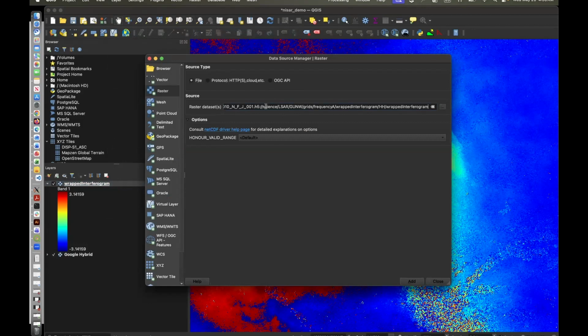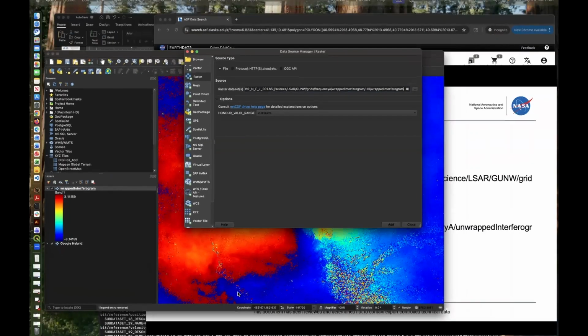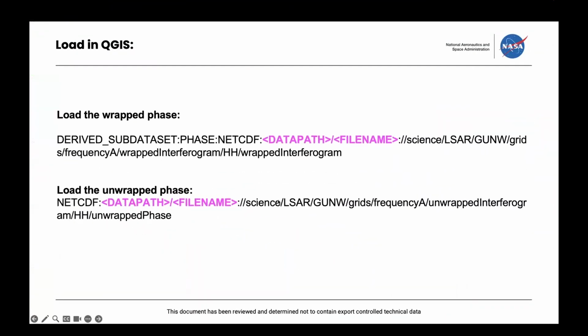However, you want to load a different layer. I have it in the slide deck that I've showed earlier. So if you want to load the unwrap phase, this is the script that you wanted. You want the unwrapped interferogram and the unwrapped phase.